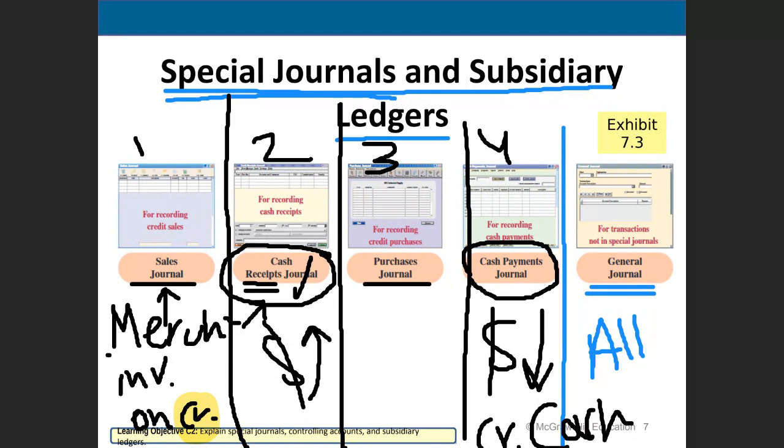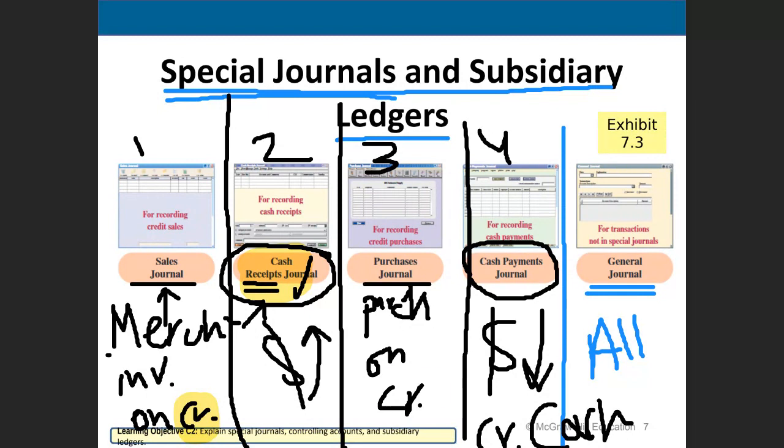So what we'll do with sales for cash? If sales journal is only for sales on credit, so where does cash sales go? Exactly. Cash sales will go to cash receipts journal, because when we sell for cash, we receive cash. Purchases journal is purchases on credit as well.